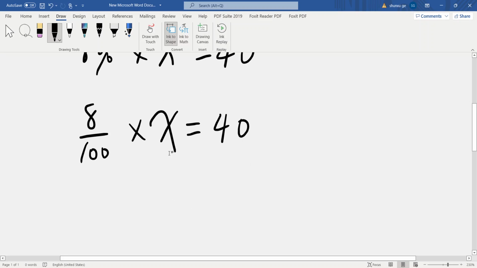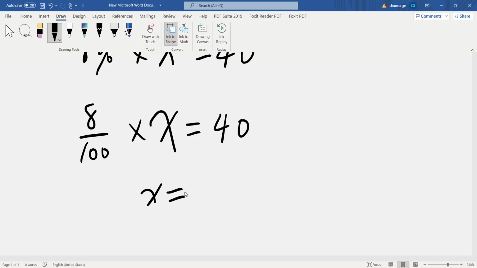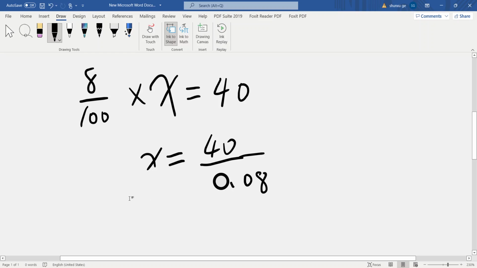Okay, so both sides solve this equation. It's very easy. Both sides we divide by 8%. So we do that. x equals 40 divided by 8 over 100, which is 0.08.